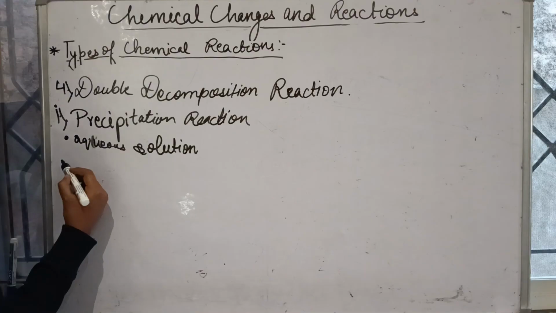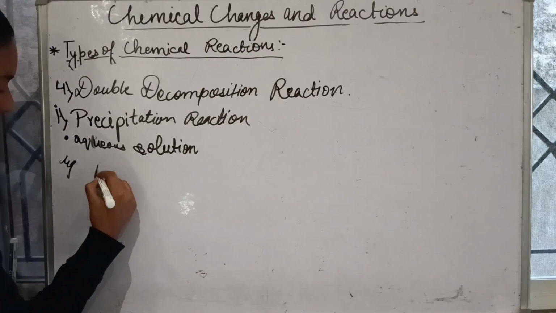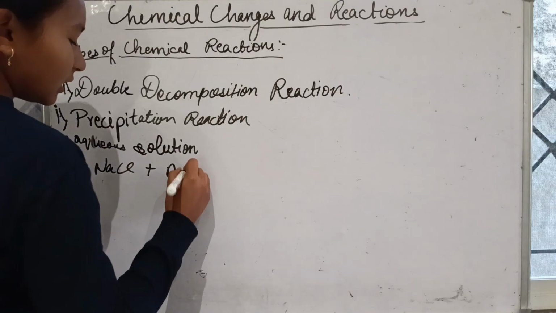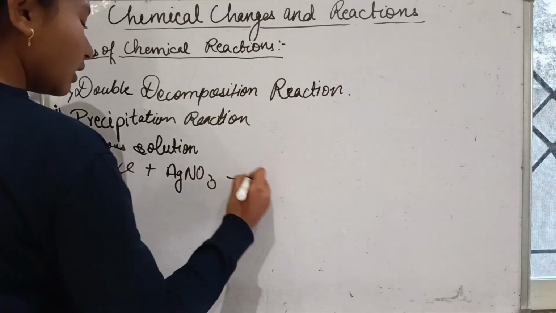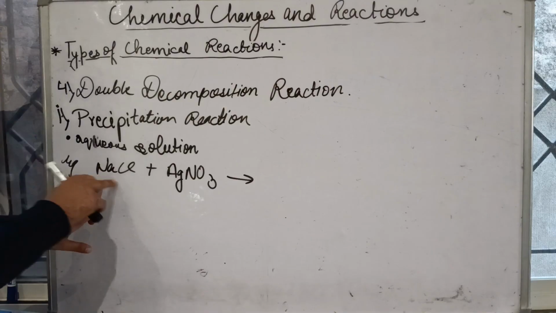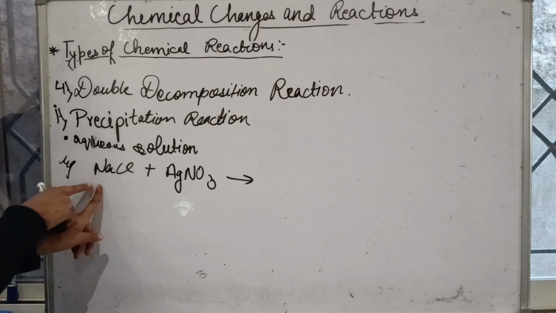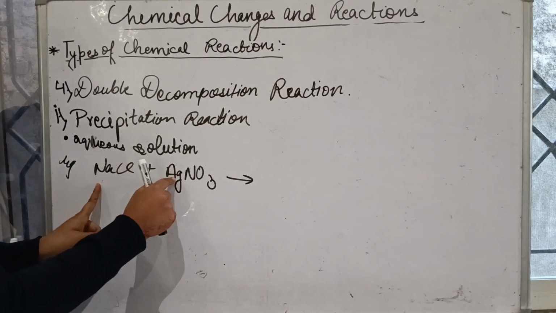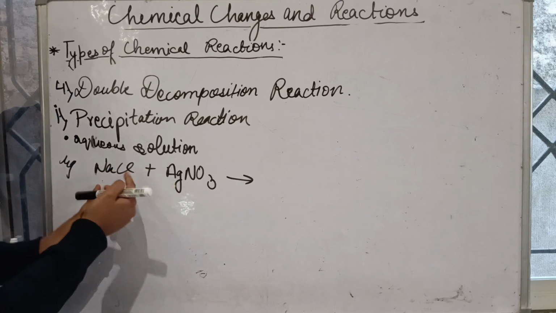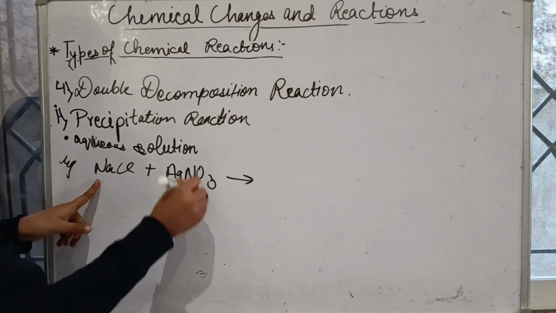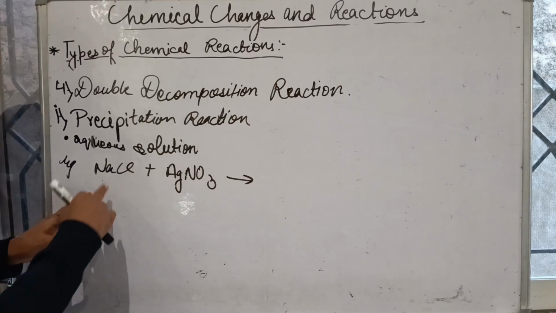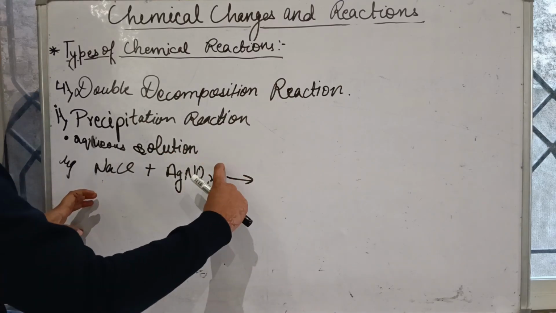Okay, for example, NaCl plus AgNO3. Which is more reactive, the sodium than silver? Metal. This is not the metal, this. So what will the sodium do? It will displace, it will remove silver because it is attracted with nitrate.